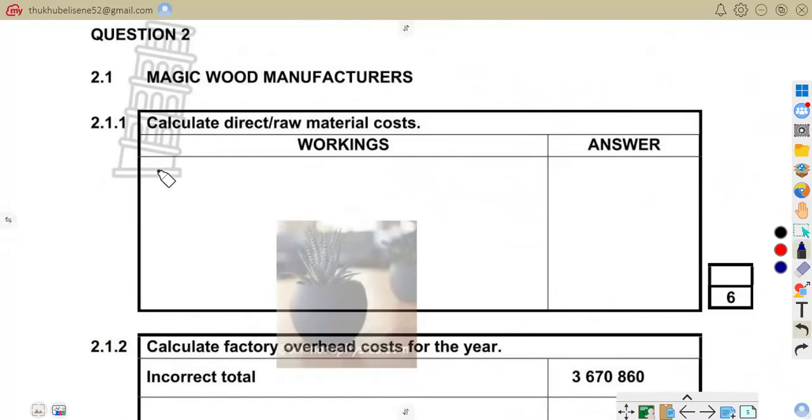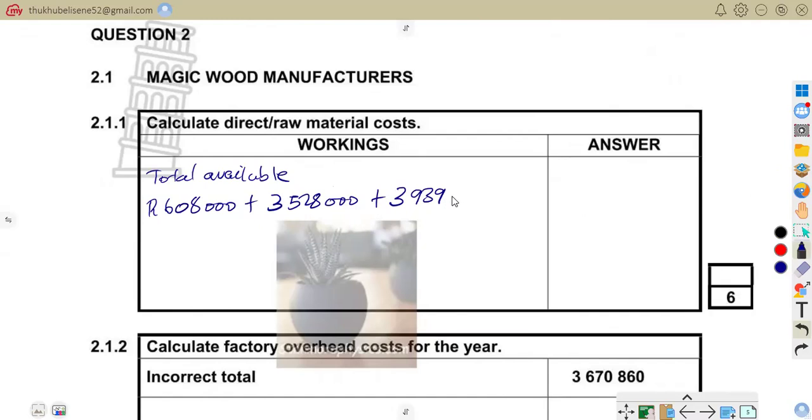Remember our total available. We said our total available is 608,000, that was our opening stock, plus our purchases of July, which is 3,528,000, plus our November purchases, which is 3,939,000.